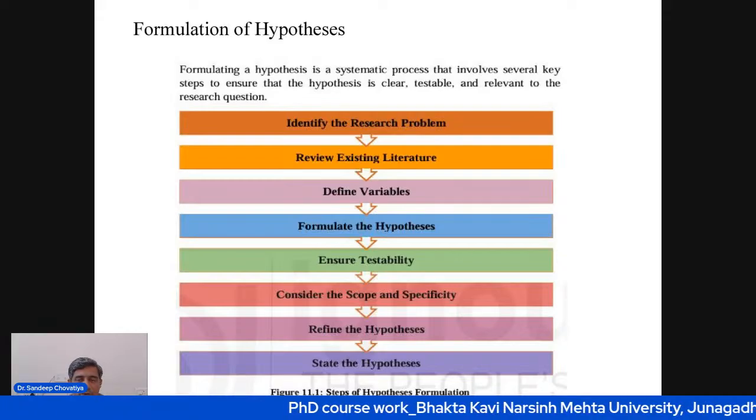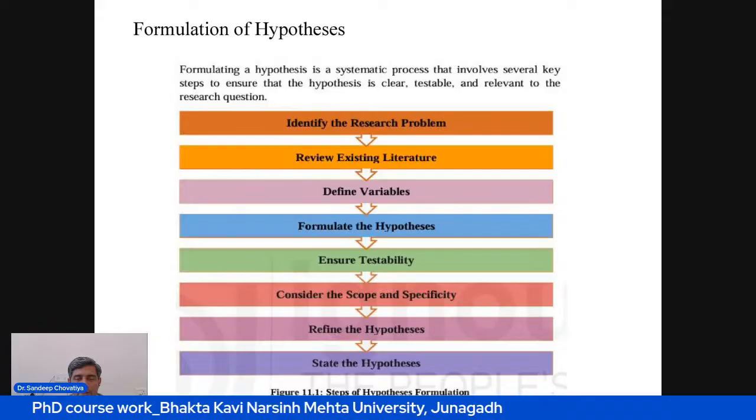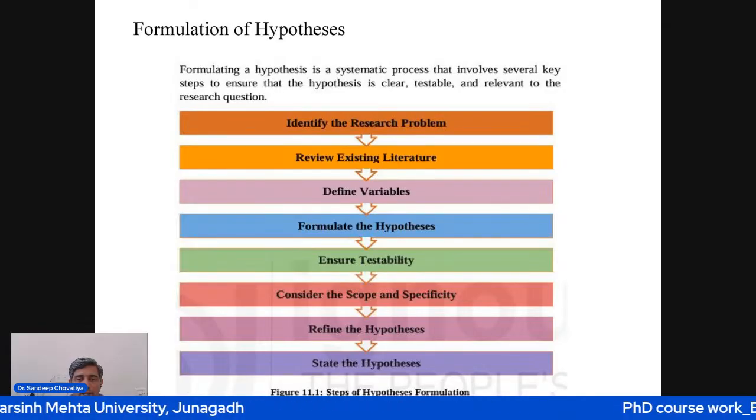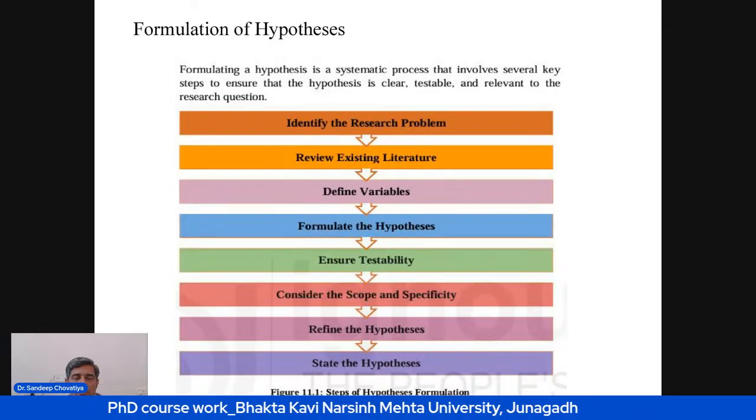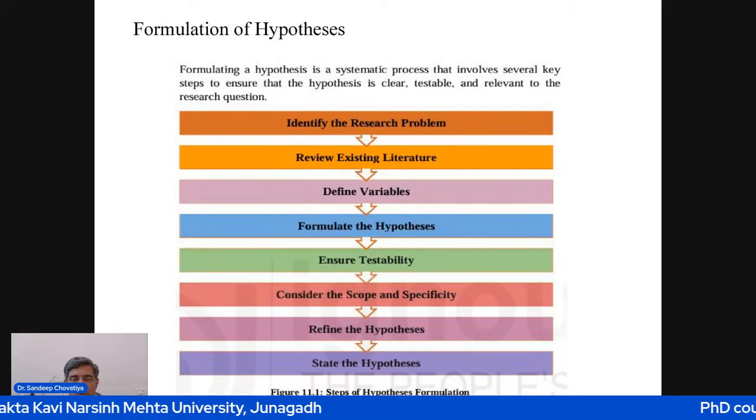After that, we define the specific variables. For example, when we discuss any environmental pollution study, we have different specific variables, for example the concentration of air pollution, water pollution, or noise pollution.